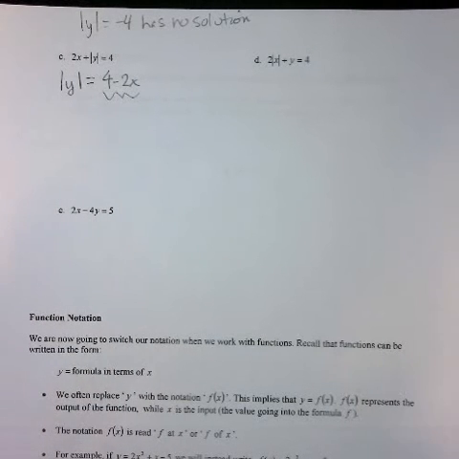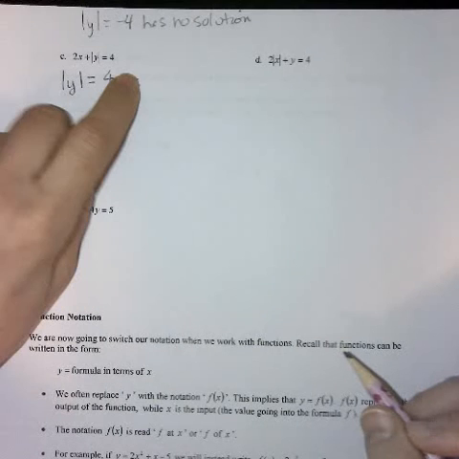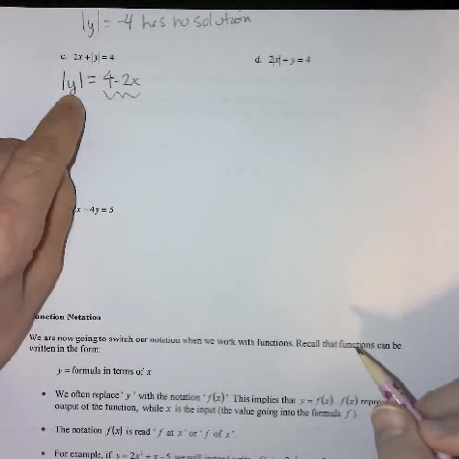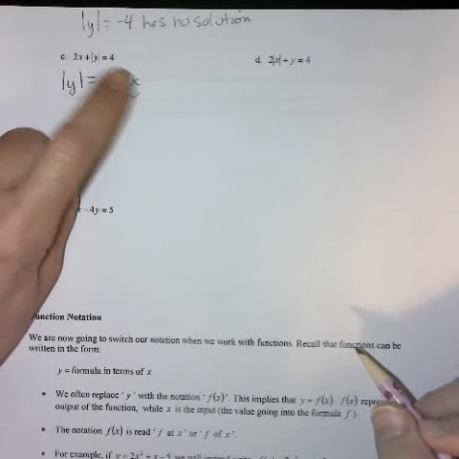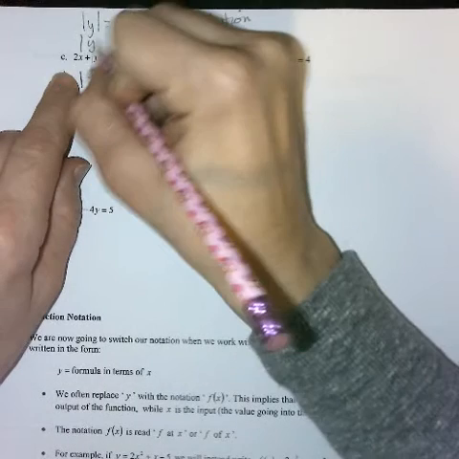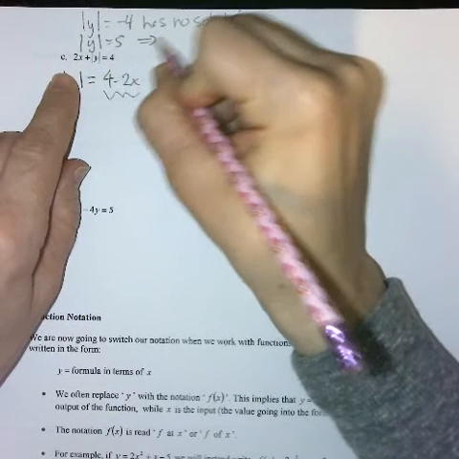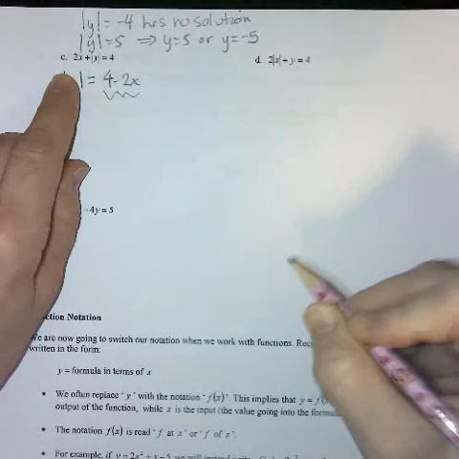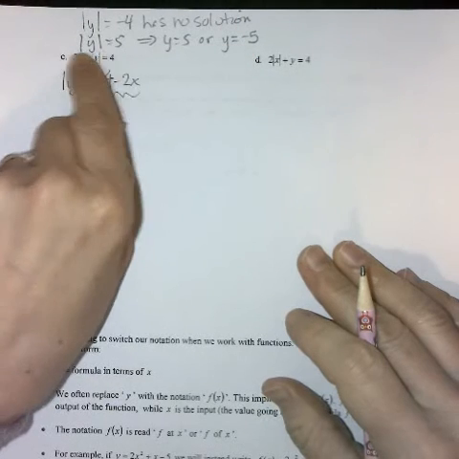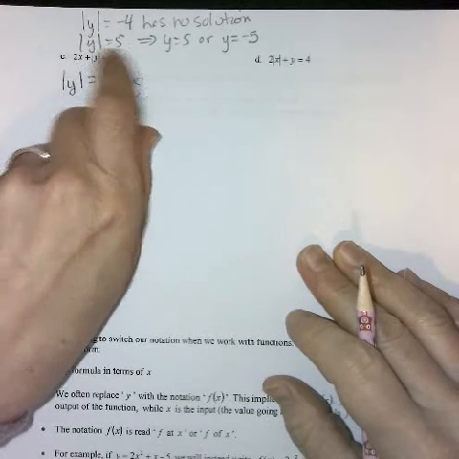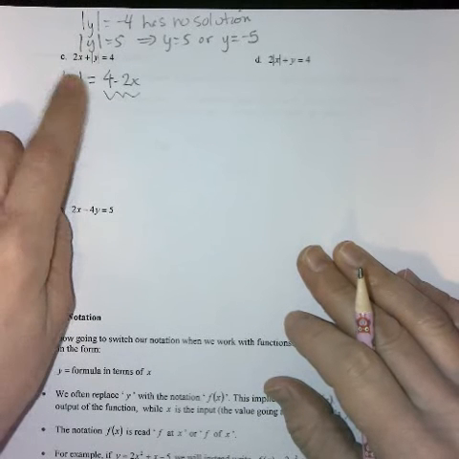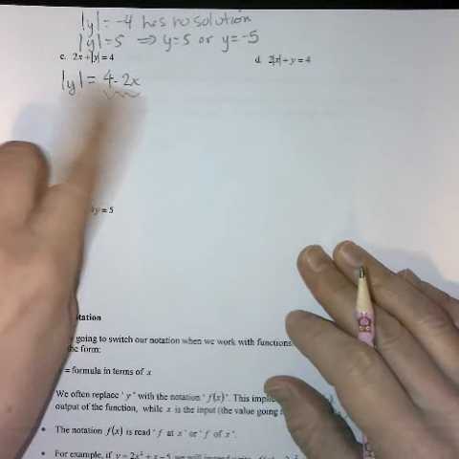My point is if this results in a positive number, there's actually two numbers here that would work. For example, if absolute value of y is 5, that would mean that y could be 5 or y could be negative 5. Both of those things would make this equation true. So remember that absolute value, we have two cases. This is when we've isolated the absolute value and we want to know what things make this true.